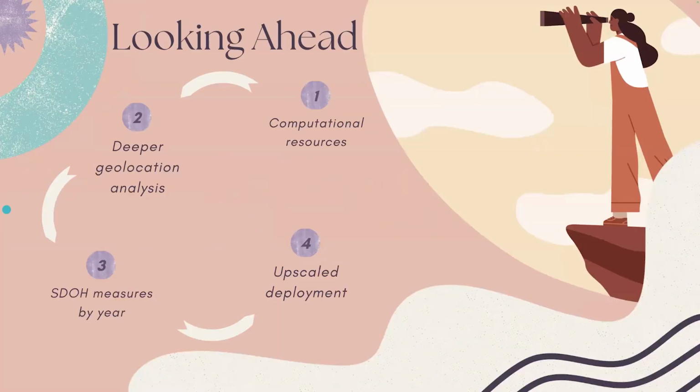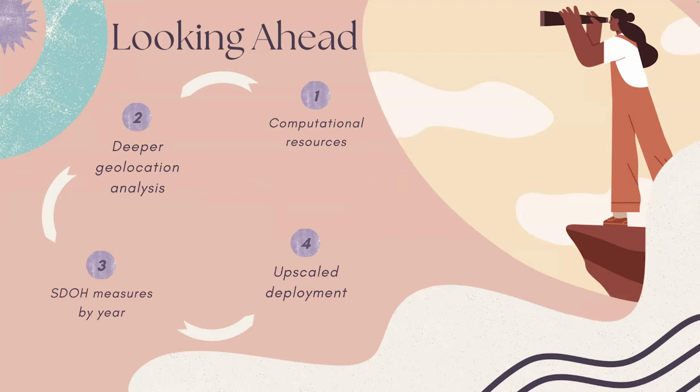So looking ahead, we definitely want to train on the larger data sets and expand the hyperparameter tuning, because our scores weren't the best, and there was a time constraint, and obviously computer hardware constraints and so on. Also want to do a deeper geolocation analysis, exploring the spatial relationships since that information was provided in the data.